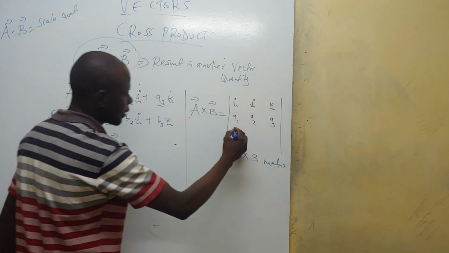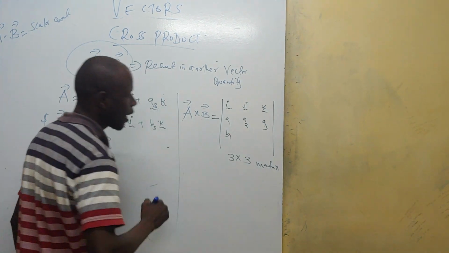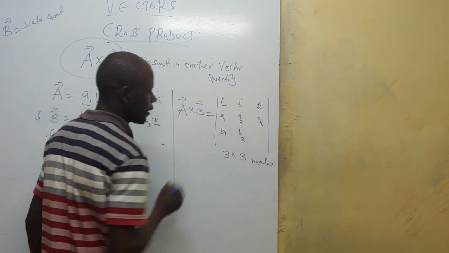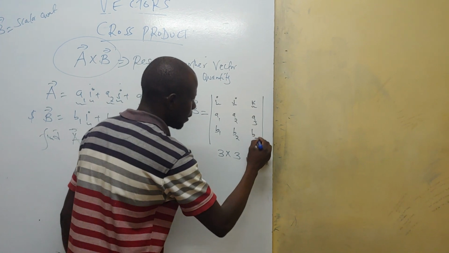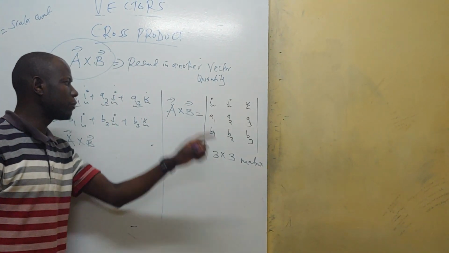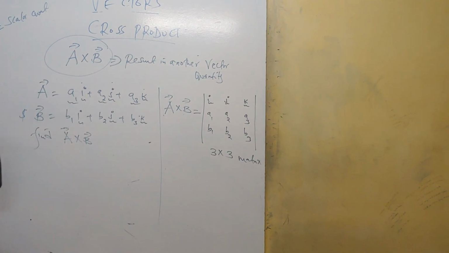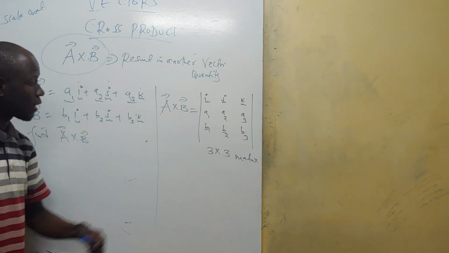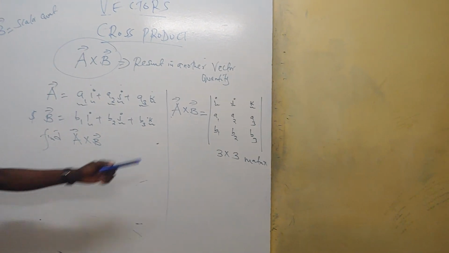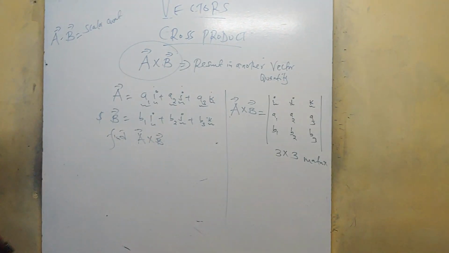So we place B1 under i, B2 under j, and B3 under k. If we get the determinant of this 3 by 3 matrix, we will have found the cross product between two vectors. So I want us to look at a relevant example and see how we can find the cross product between two vectors.